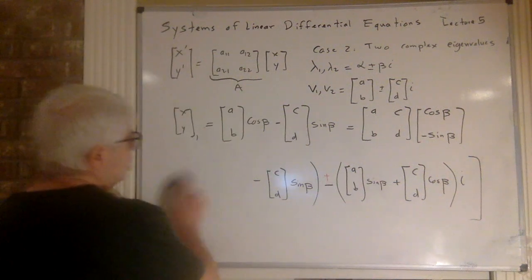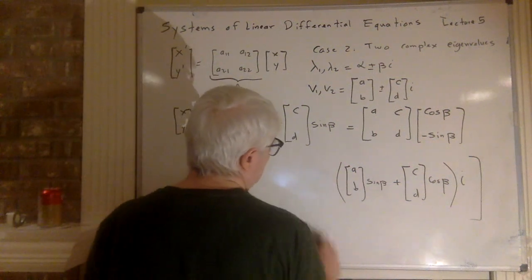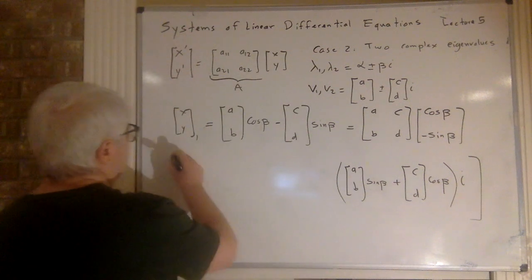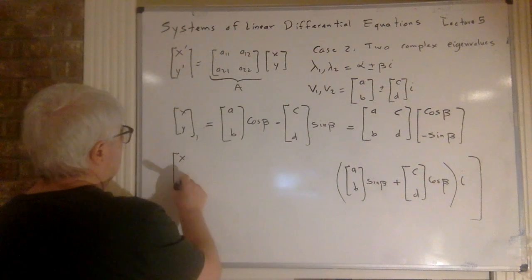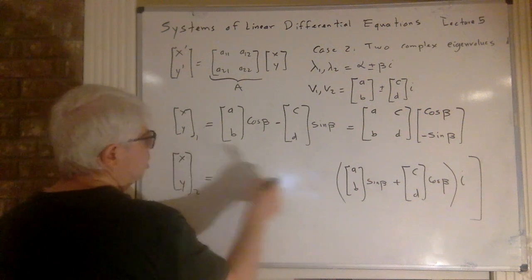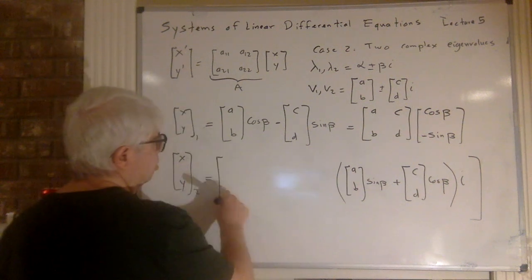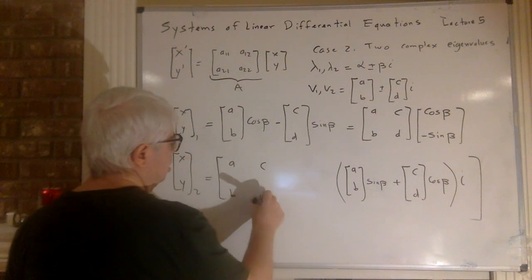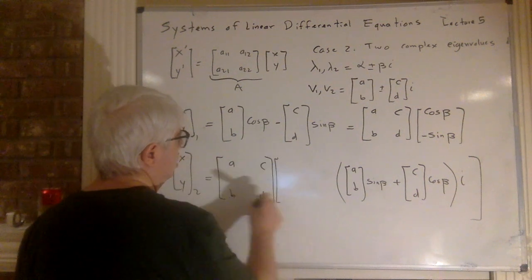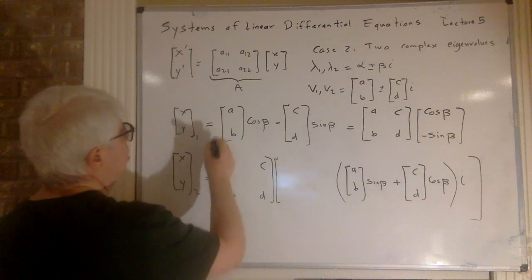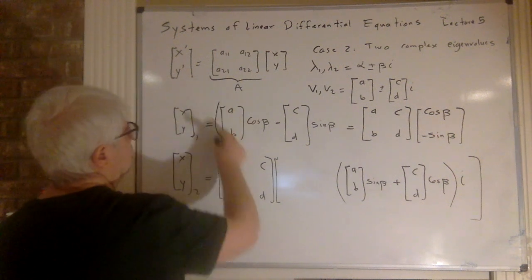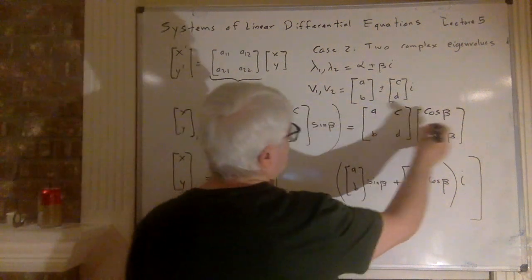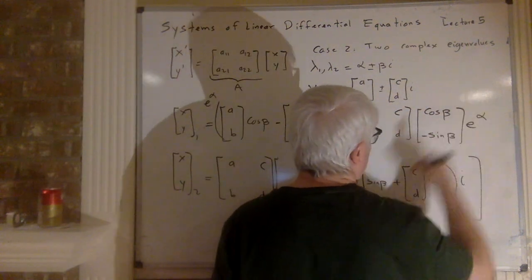And the second one, you can see that the second one is also amazingly nice. The second one is, again, right here. I can write it as A, B, C, D times, oh gee, I forgot one thing. That is the e to the power alpha, right? Just write it.